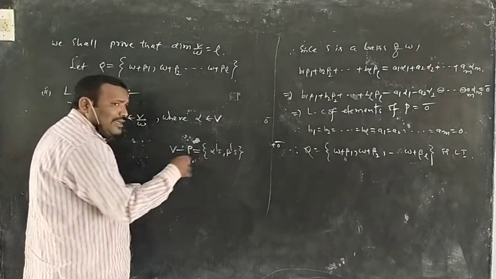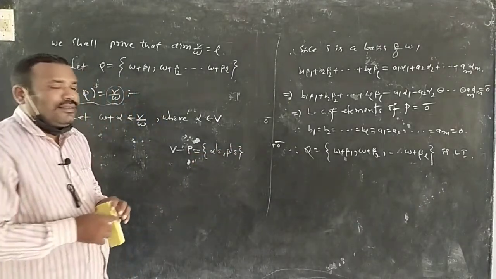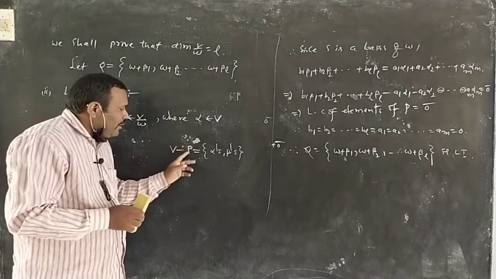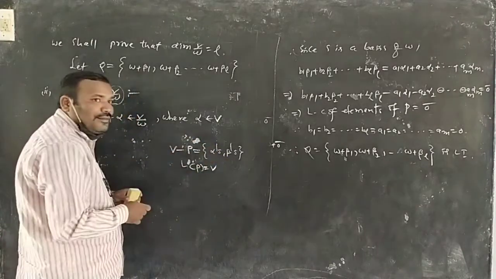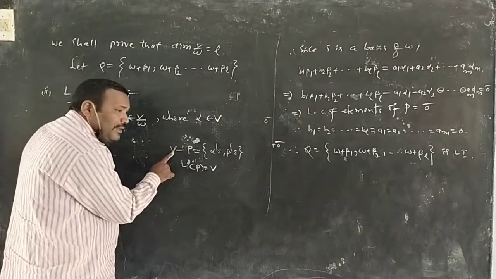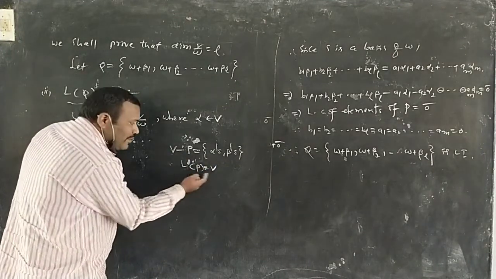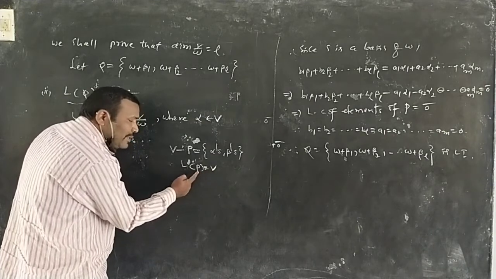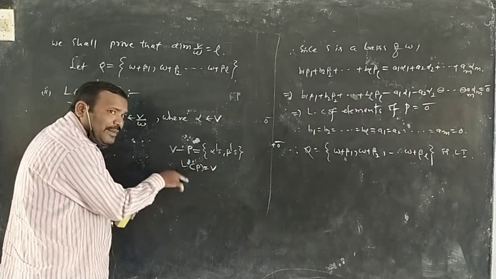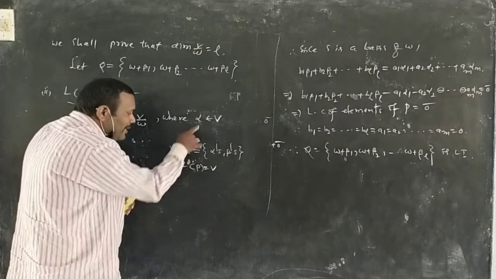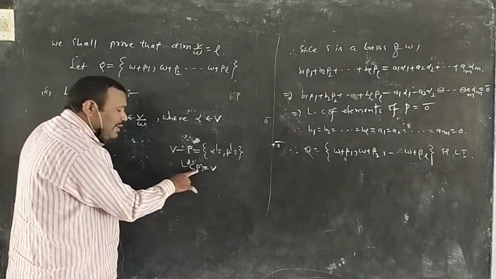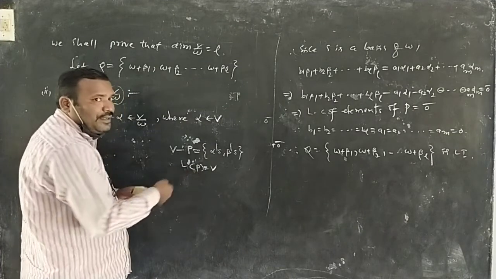That means L plus M elements are there. P is a basis of V means L of P equal to V. This means every element of V can be expressed as a linear combination of elements of P. So alpha belongs to V. Then alpha can be expressed as a linear combination of elements of P.